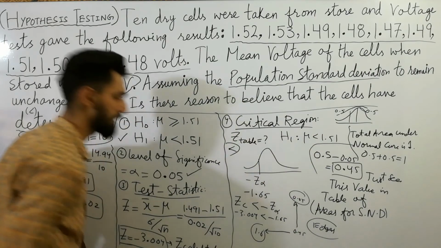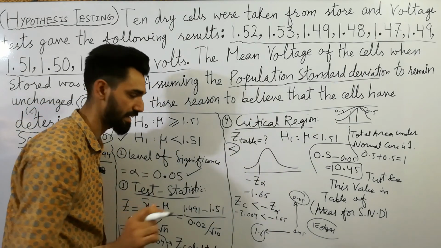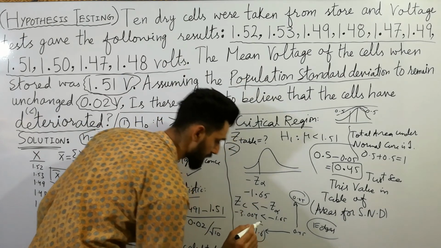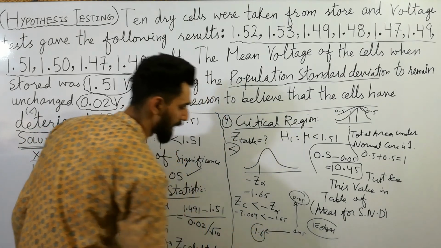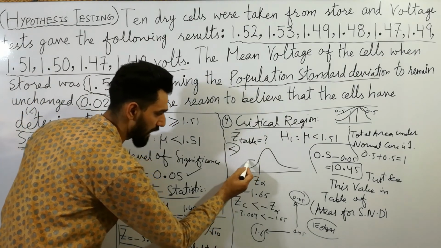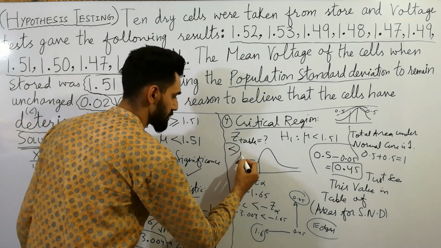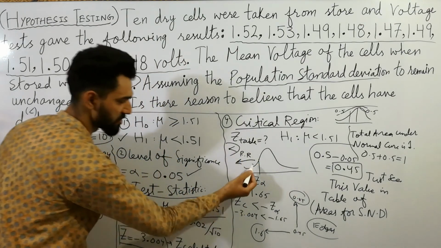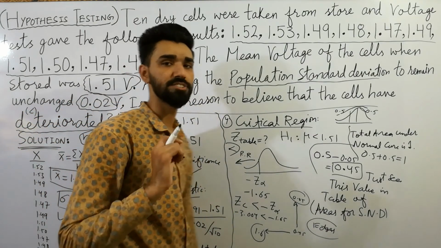You know that minus 3 is always less than minus 1.65 according to the real line, which shows that this will lie in this section. This section is a rejection region, which shows that in this case we will reject H naught.